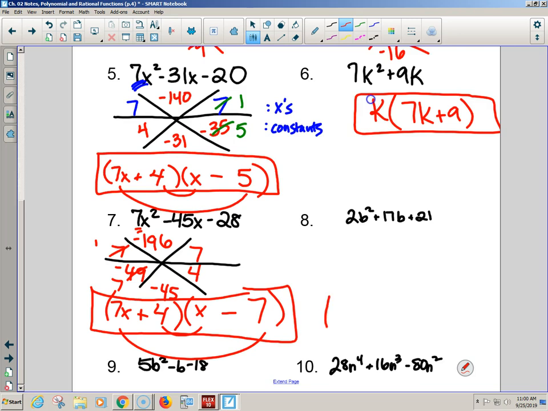My guess and check brain would look at this and say, I can do 2b and b to get 2b squared. I can do 1 and 21, 42. 21 and 1, 21 and 2. No? Okay. 3 and 7, 3 and 14. 14 and 3 makes 17. That's good. If you're not that kind of person, that's okay.